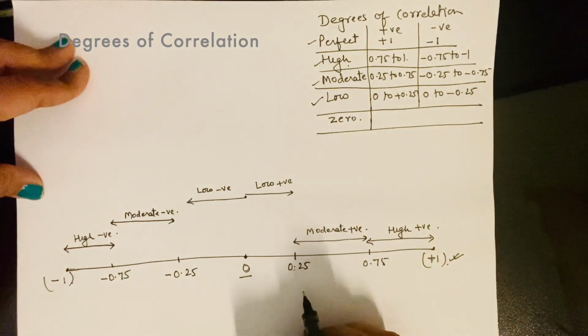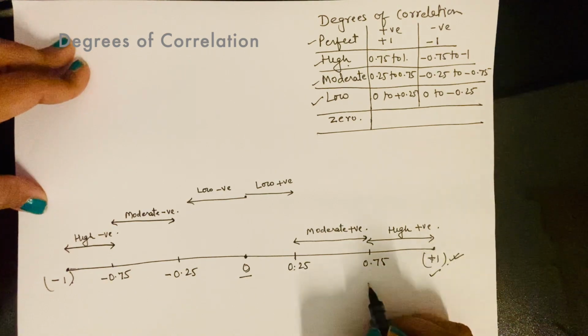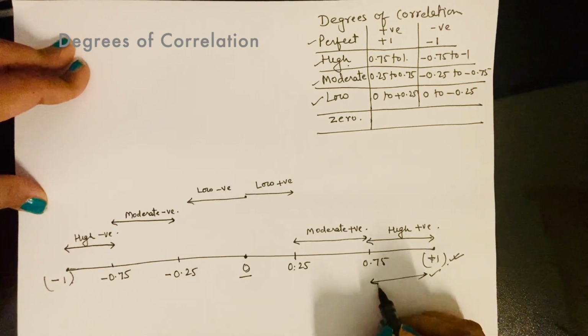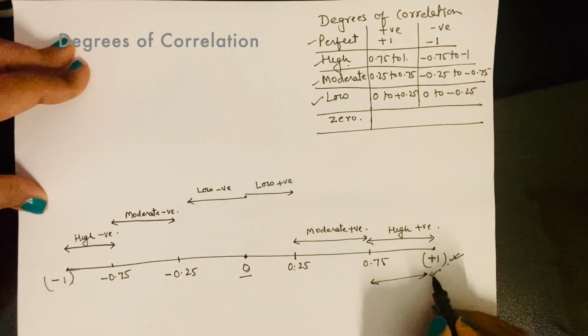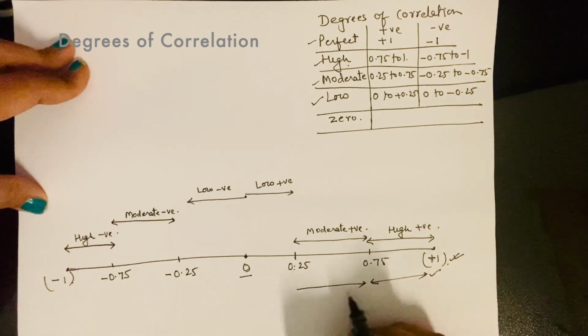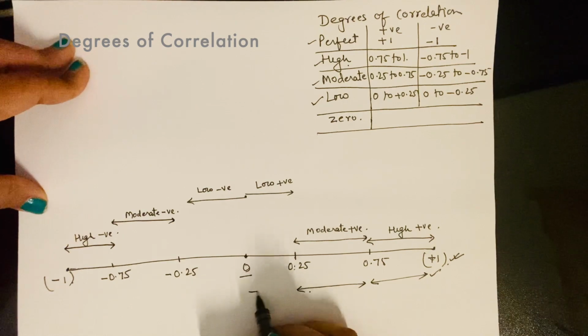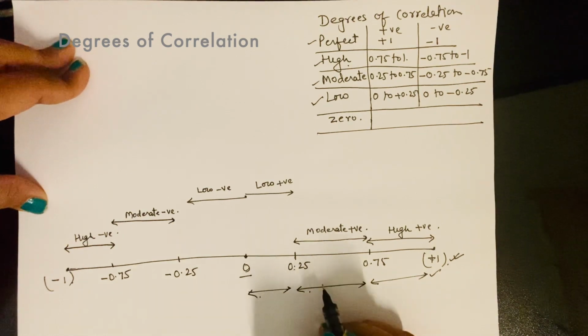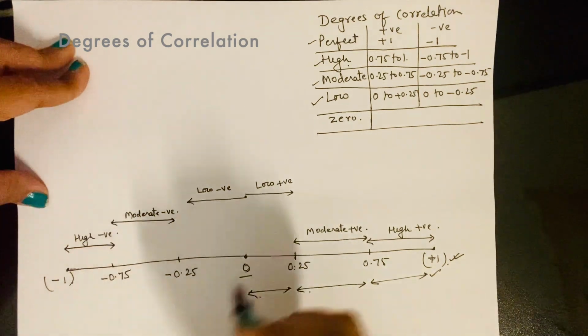So you have to understand these numbers, these charts: the values 1, 0.75 to 1, 0.25 to 0.75, and then 0 to 0.25 towards the positive and towards the negative.